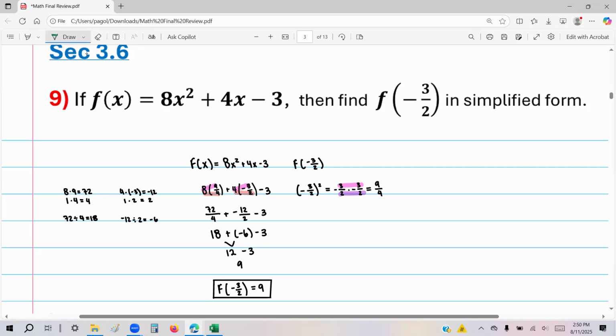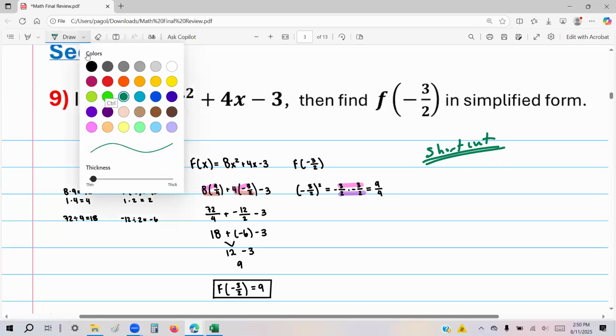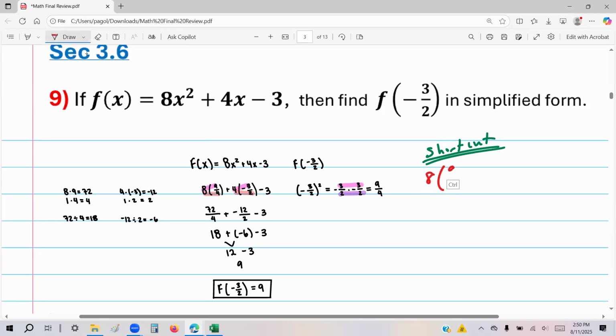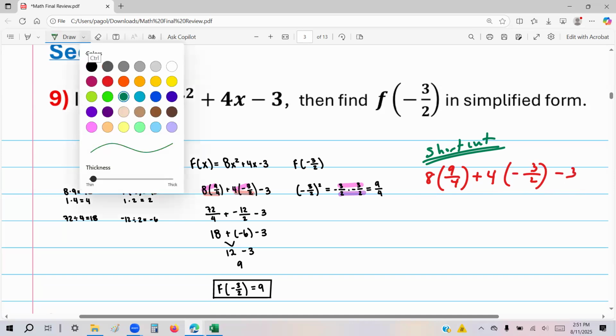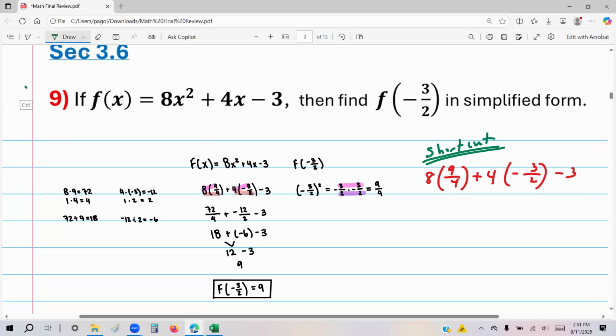Now, instead of doing multiplication like this, you can do a shortcut. So you have 8/9 plus 4 times -3 minus 3. Sometimes they give you bigger numbers.